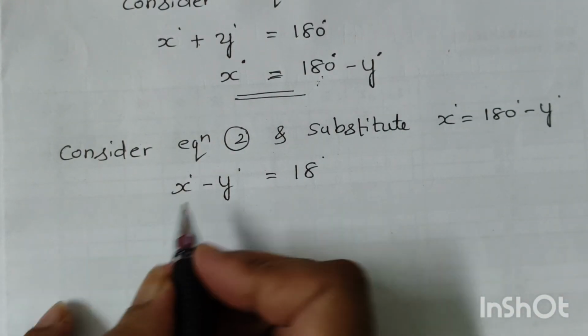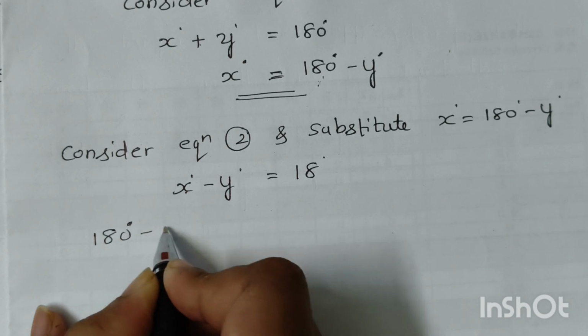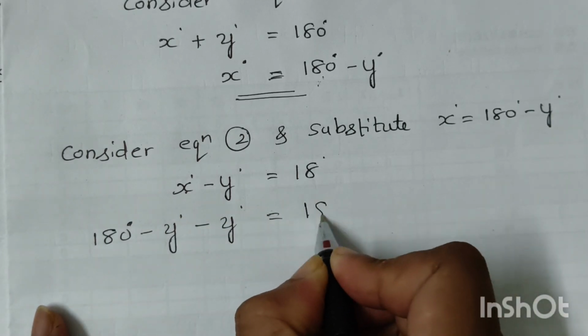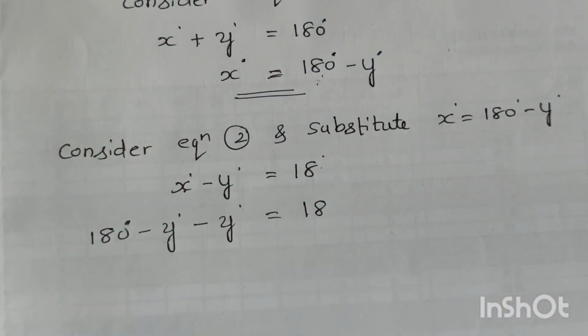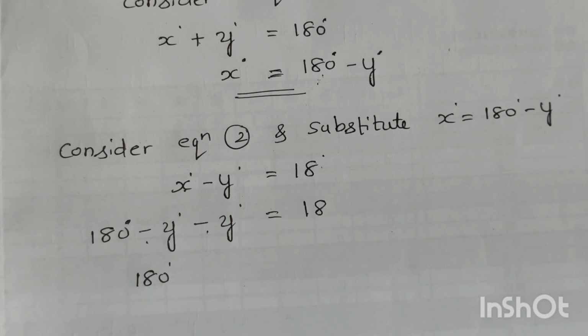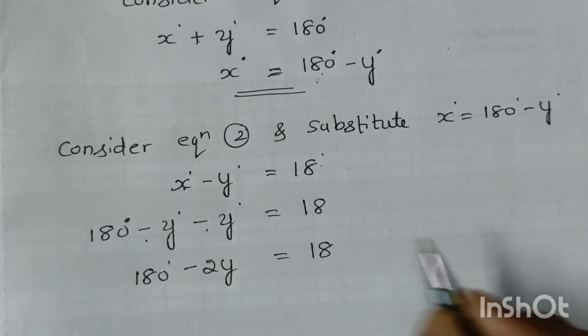So in the place of x, let us write 180 degrees minus y, minus y degrees, is equal to 18. 180 minus y minus y is minus 2y, equal to 18.